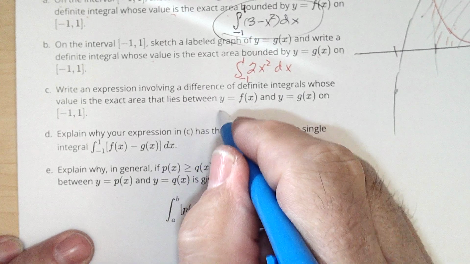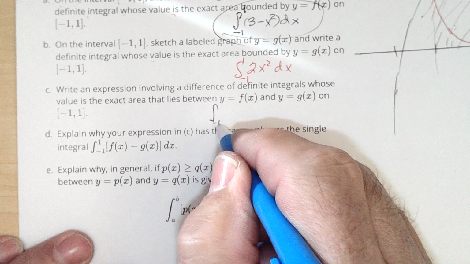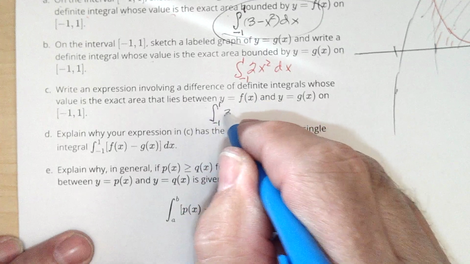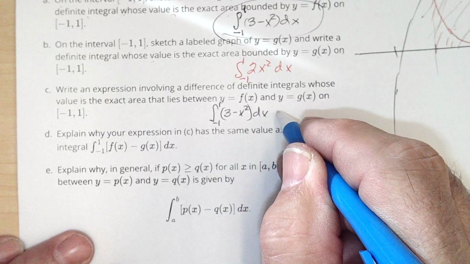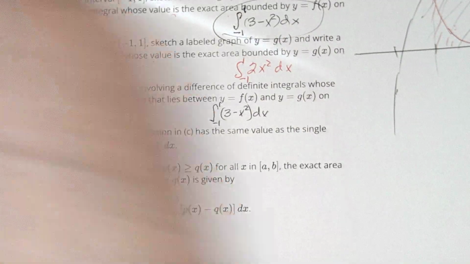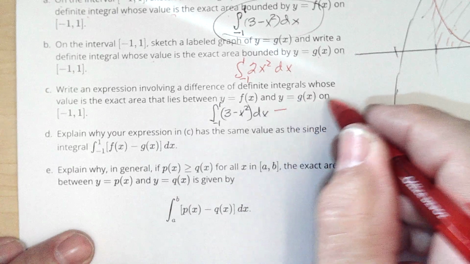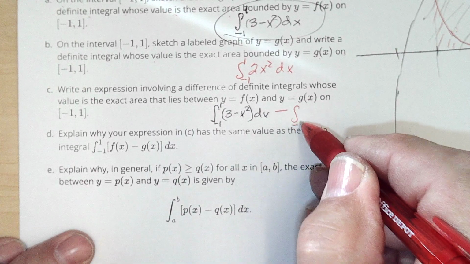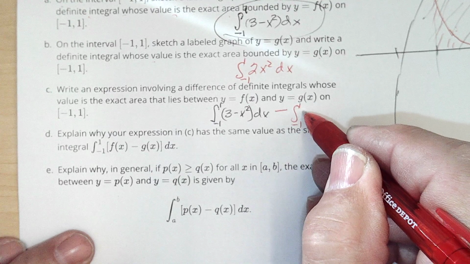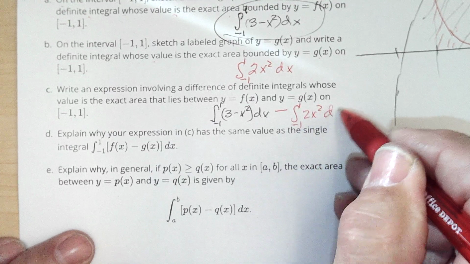So I'd write the integral from minus 1 to 1 of 3 minus x squared dx minus the area that's here, which would give the area between, from minus 1 to 1, the area under 2x squared dx.